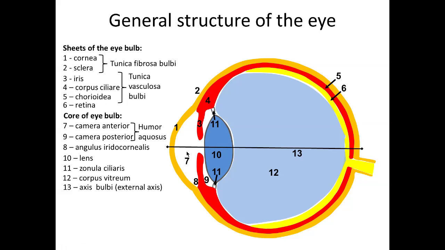Most externally located points: anterior on the anterior pole of the eye bulb and posterior on the posterior pole of eye bulb.